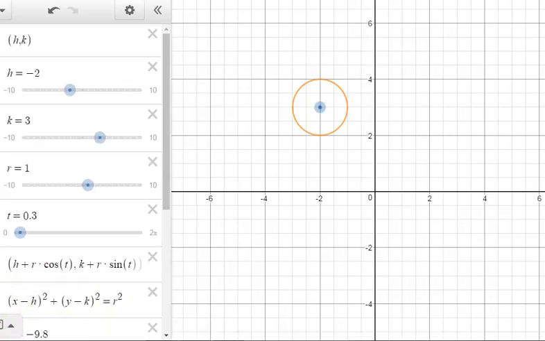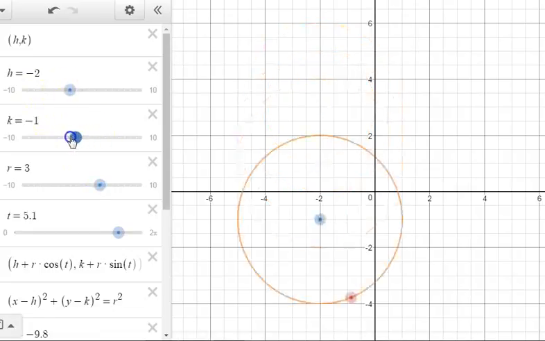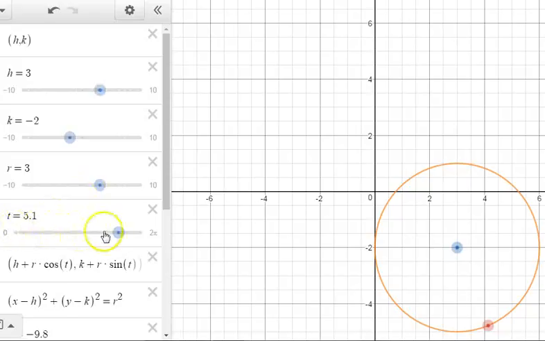But I can also represent it with the parametric form, as we see right here. As t goes from 0 to 2 pi, you see it takes one complete revolution of t to make the circle as well. So that draws it out. And if I change the radius and change the location of the center, I still create the same shape with the center at h, k, and the radius being, in this case, 3.